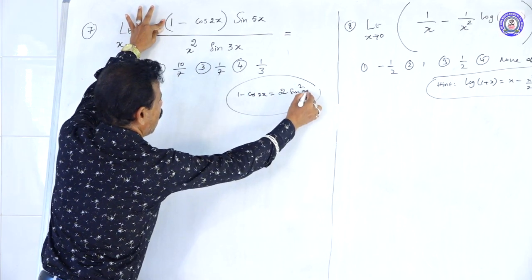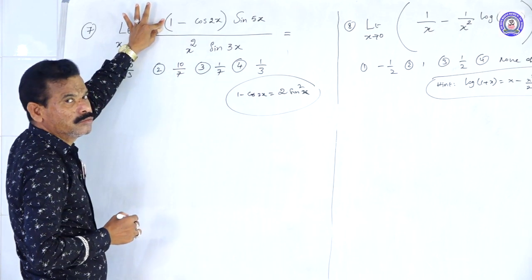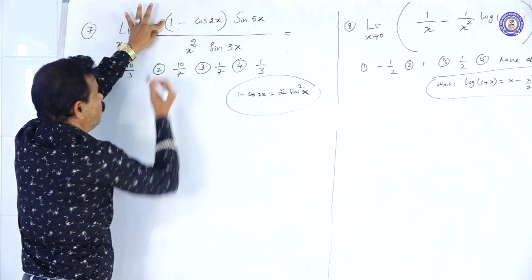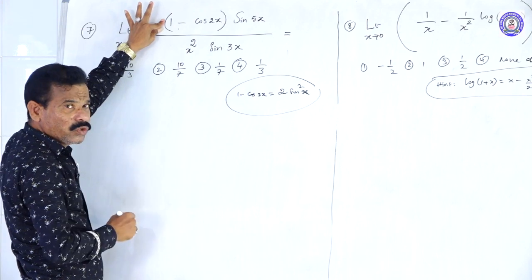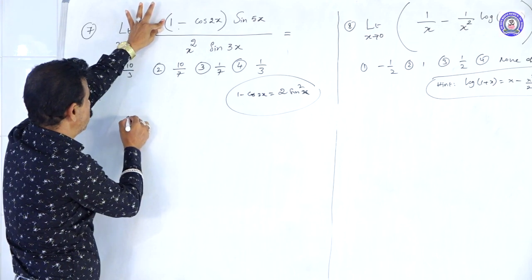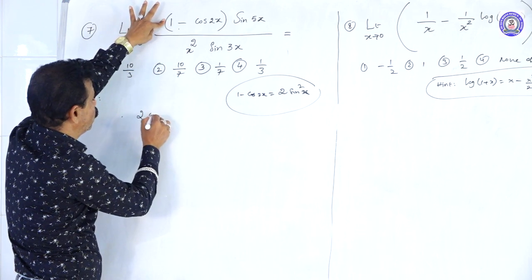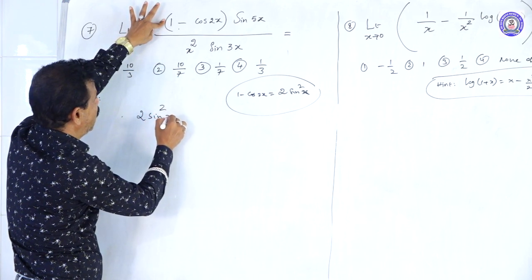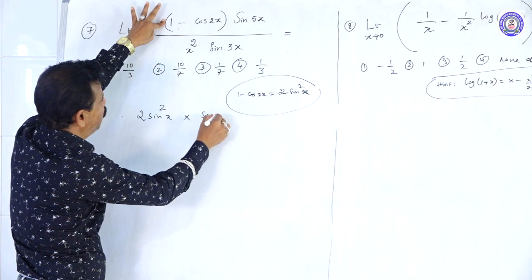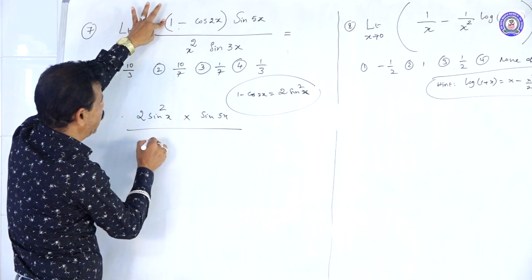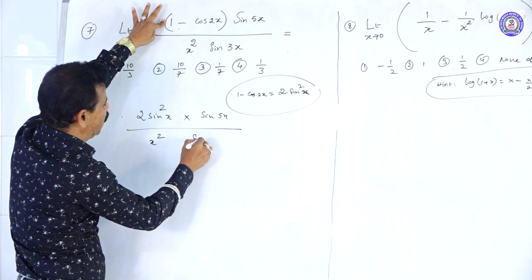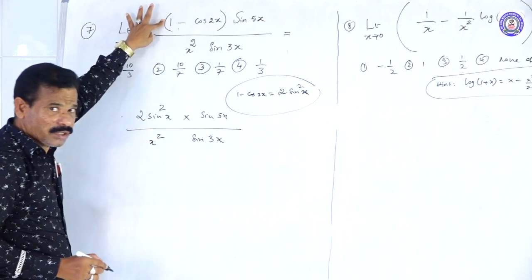We know this formula. We substitute instead of 1 minus cos 2x the 2 sin square x. So in the solution, the bracket value 2 sin square x multiply sin 5x, denominator x square multiply sin 3x.